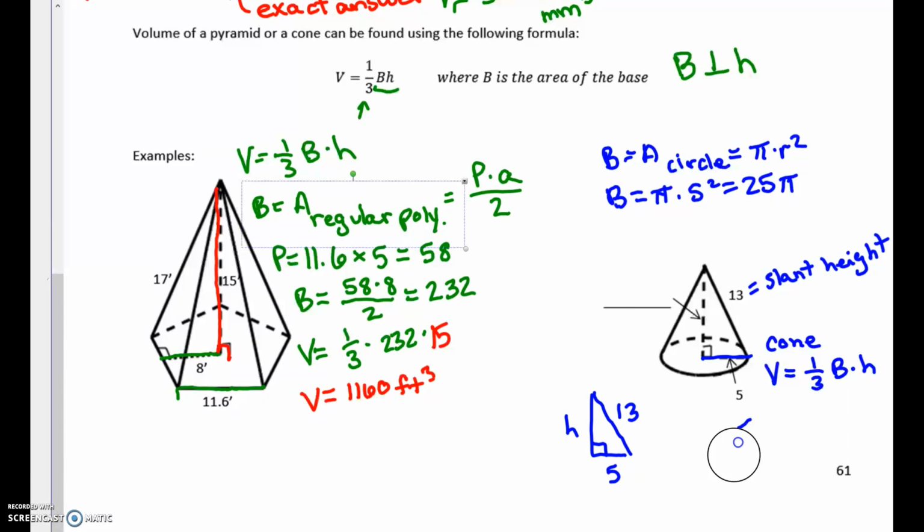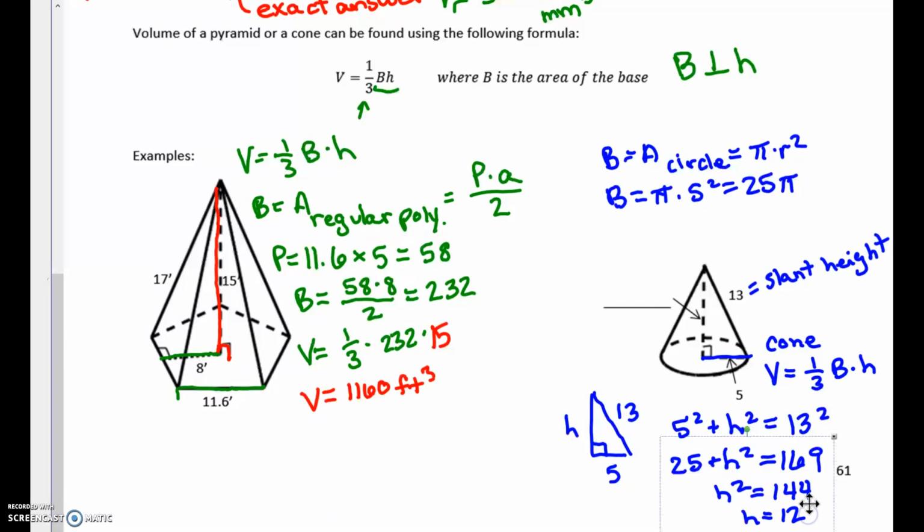So I can use Pythagorean theorem to help me find h. So I would do 5 squared plus h squared equals 13 squared, where I get 25 plus h squared equals 169, h squared equals 144. So my h is 12. So this side length right here is in fact just 12.